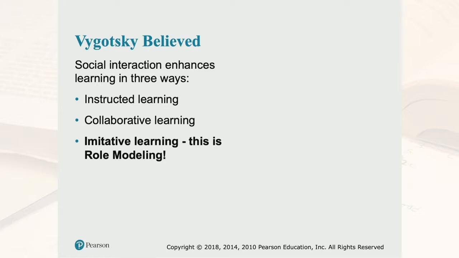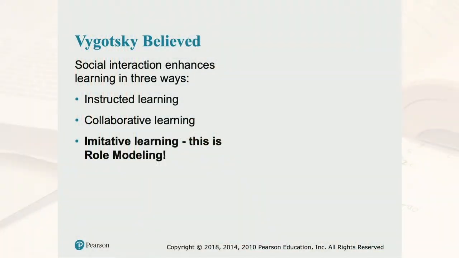Instructed learning, where adults specifically gave instructions and told children what they wanted them to do, versus collaborative, where we as a unit, myself or an ECE with children, engage in a collaborative type of game or activity to promote learning, as well as role modeling.